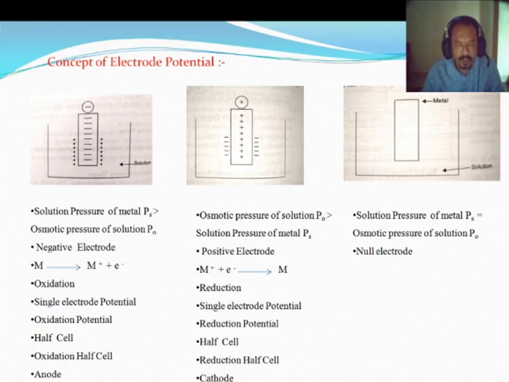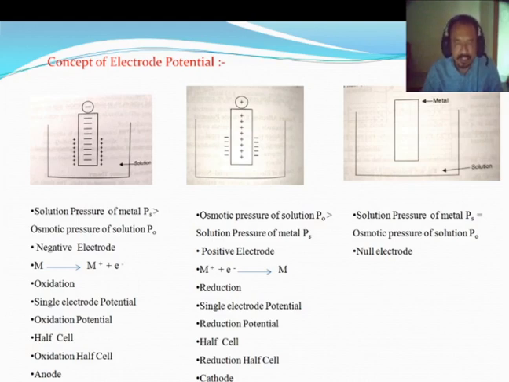Due to this reduction reaction, there is a formation of an electrical double layer between the metal and the solution, which results in the formation of a potential difference. That potential is called an electrode potential or a single electrode potential. Since that potential is developed due to the reduction reaction, it is called a reduction potential.